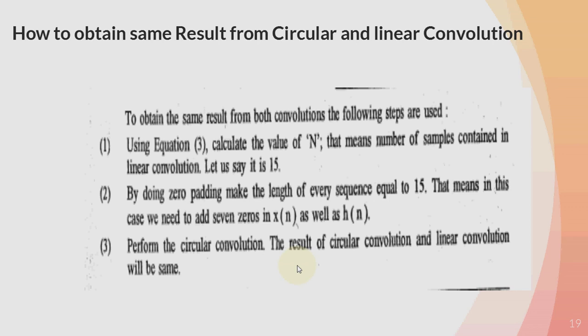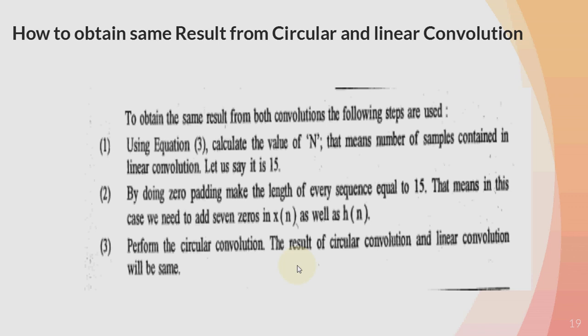So instead of 8, if you make the length 15, you have to pad 7 extra zeros in x of n and h of n and perform the circular convolution. Whatever result is obtained by the circular convolution and linear convolution will be the same.